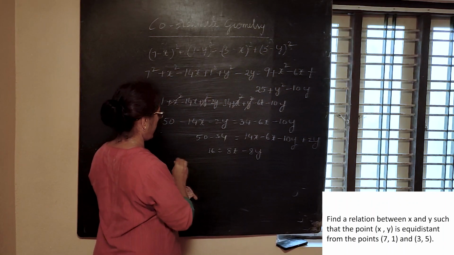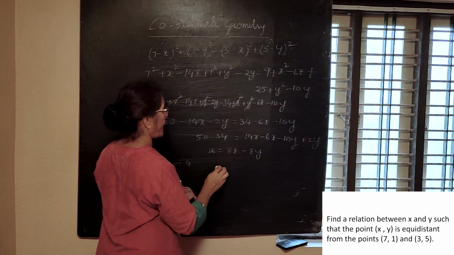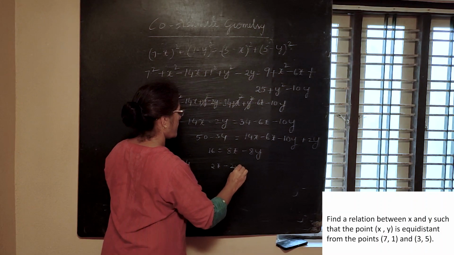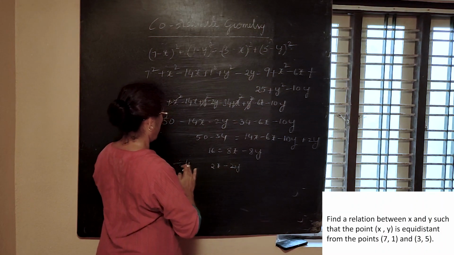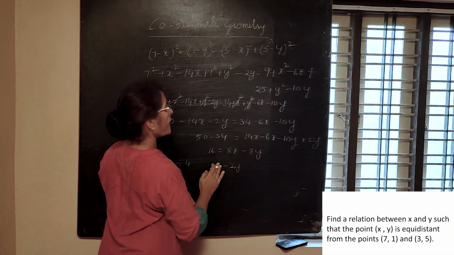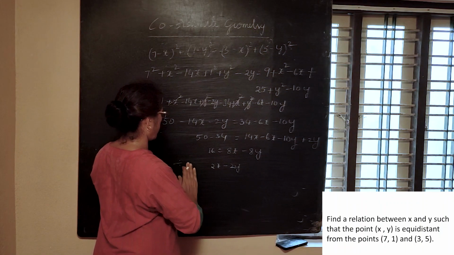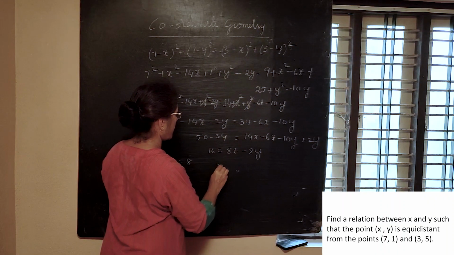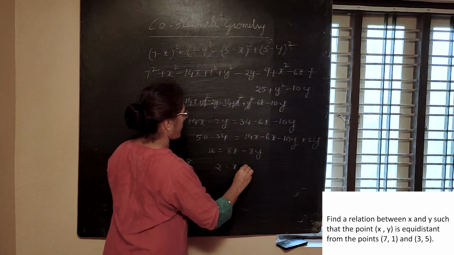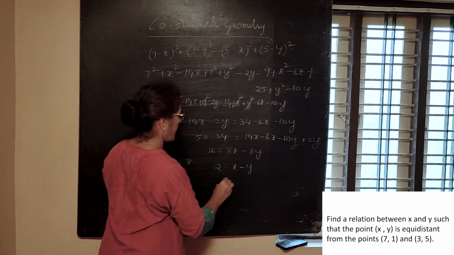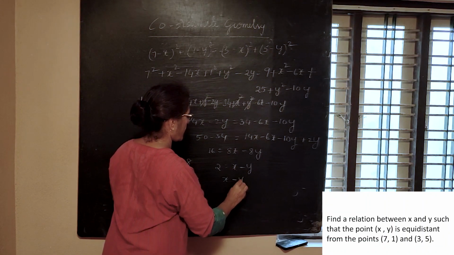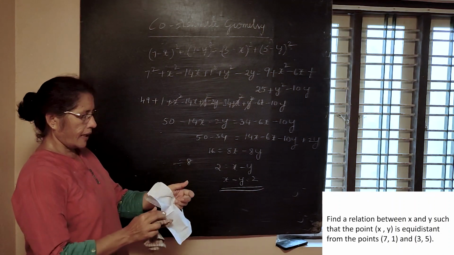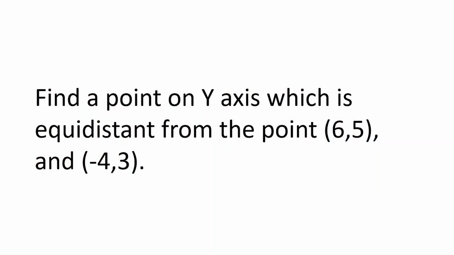Everywhere 4 is common. Dividing by 4, I get 2x minus 2y is equal to... everywhere 8 is common, so we divide by 8. 8 twos are 16. 2 is equal to x minus y. Or I can say x minus y is equal to 2. This is the relation.